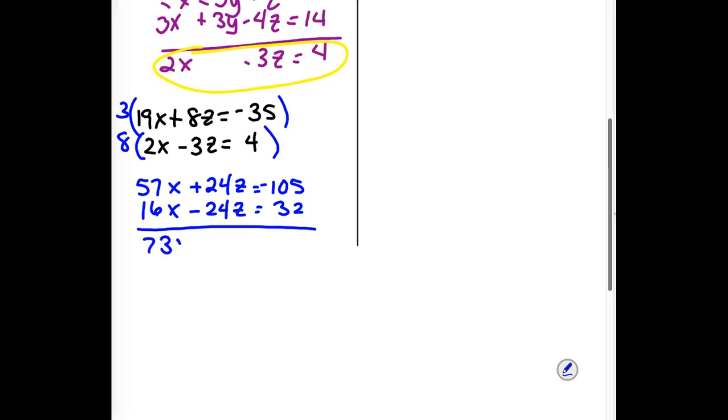Adding those up, we have 73x equaling negative 73, which means x has to be negative 1.